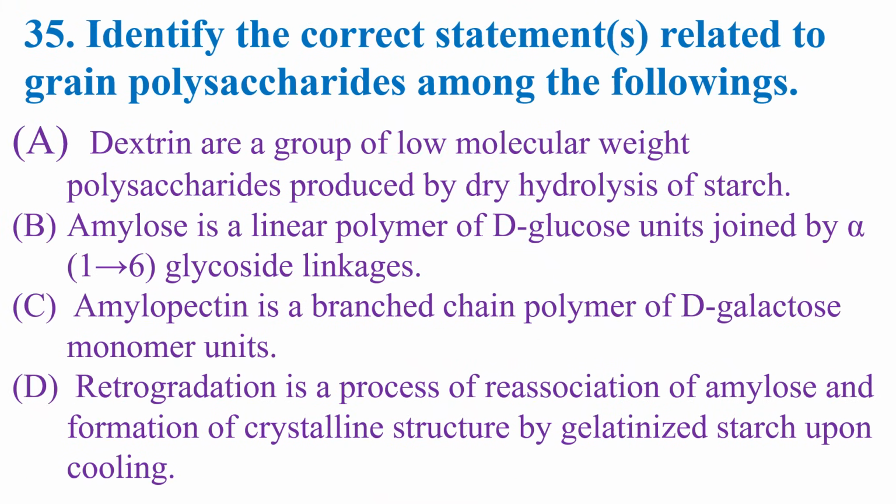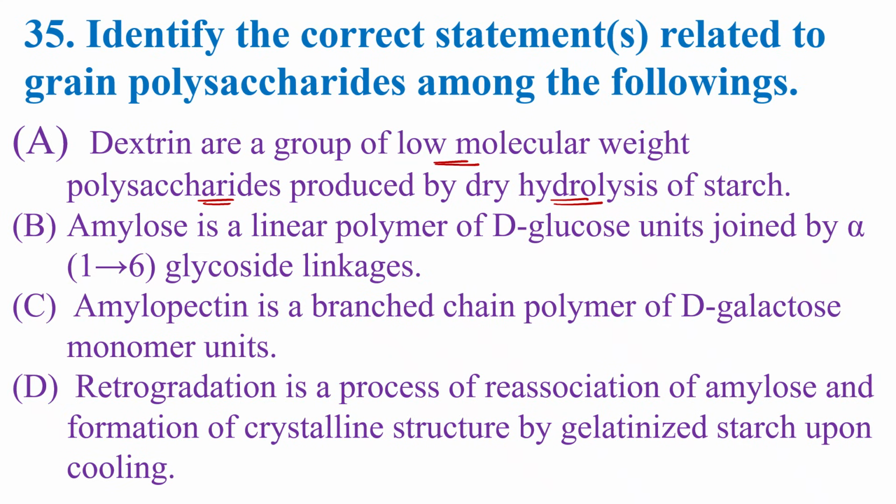We have to identify the correct statements related to grain polysaccharides among the following. So first one, dextrins are a group of low molecular weight polysaccharides produced by dry hydrolysis of starch. So yes, dextrins are formed when starch is partially broken down by heat or by acid. So basically they are short chain, low molecular weight carbohydrates.